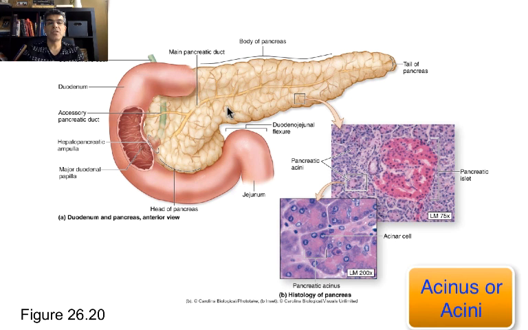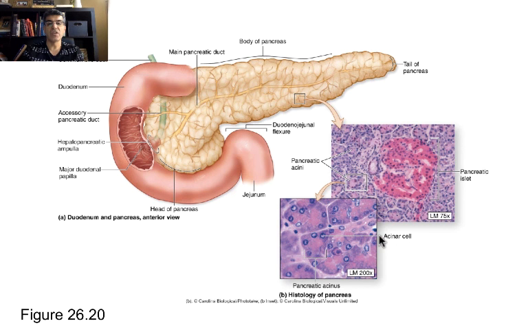So the majority of the pancreas is acinus or acini. Less than 1% of the pancreas is pancreatic islet, or islet of Langerhans, that produces hormone. Therefore, we say the pancreas is a mixed gland. In other words, producing hormone is endocrine, and producing enzyme is exocrine.